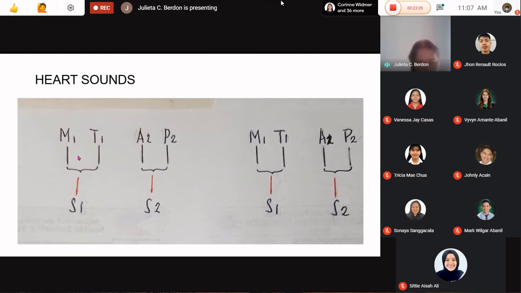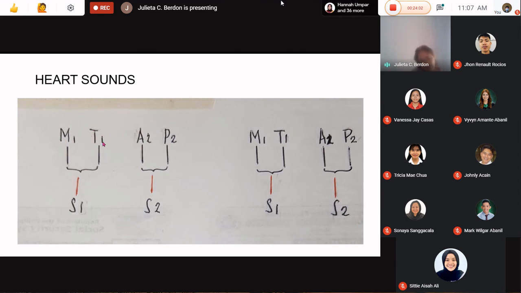The splitting is due to the delayed closure of the tricuspid valve, T1. The gap is then greater than 20 milliseconds, so it is heard as a split.